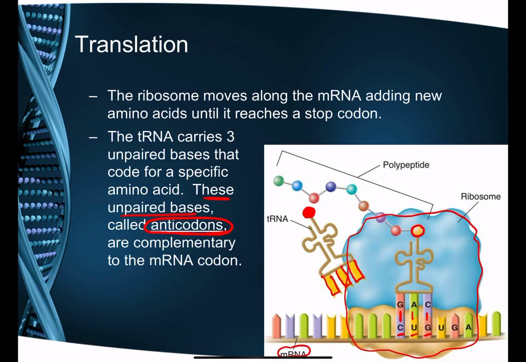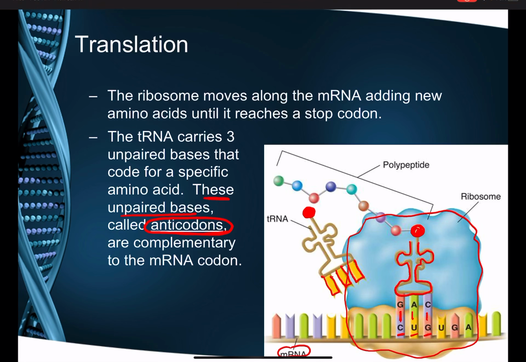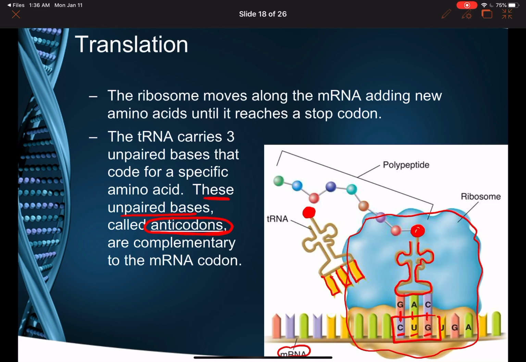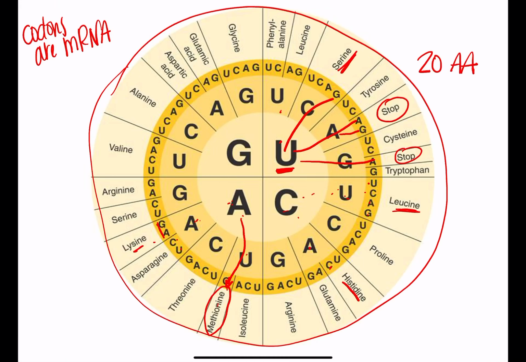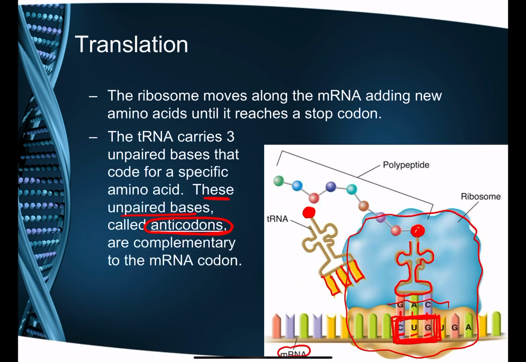But this tRNA, right here, this is our tRNA, kind of looks like a T. It carries this amino acid that codes for this, the part on the mRNA. Not the part on the anticodon, the part on the mRNA. So CUG, whatever that is, CUG is leucine.